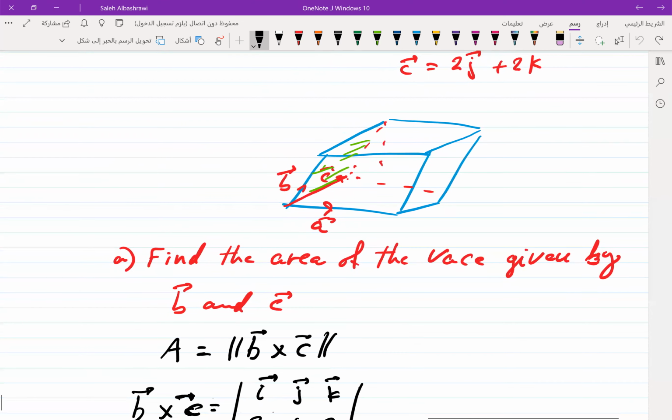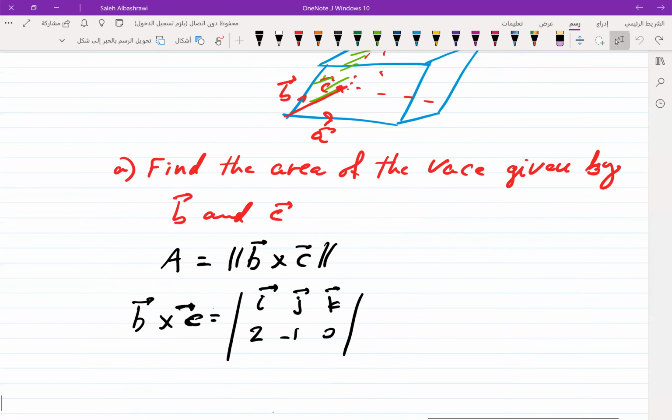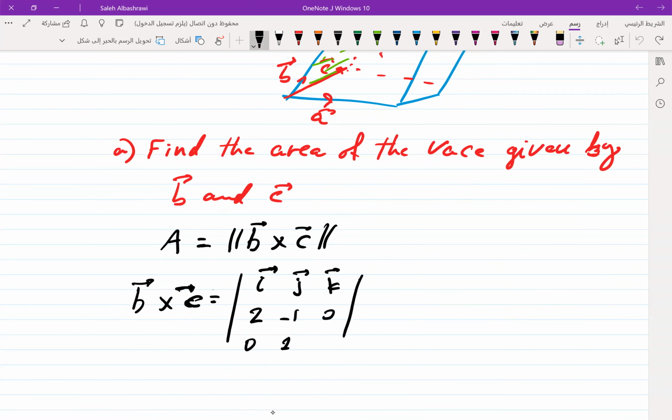For C, it is 2j plus 2k. There is no i, which means 0, 2, and 2.